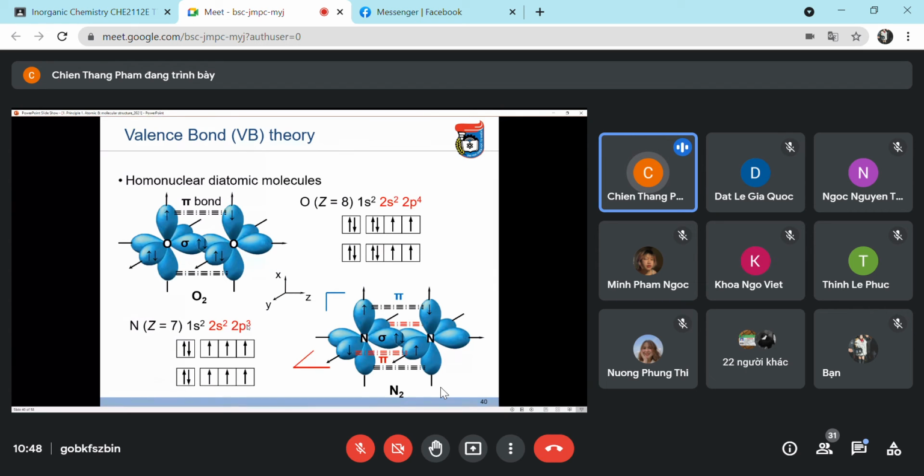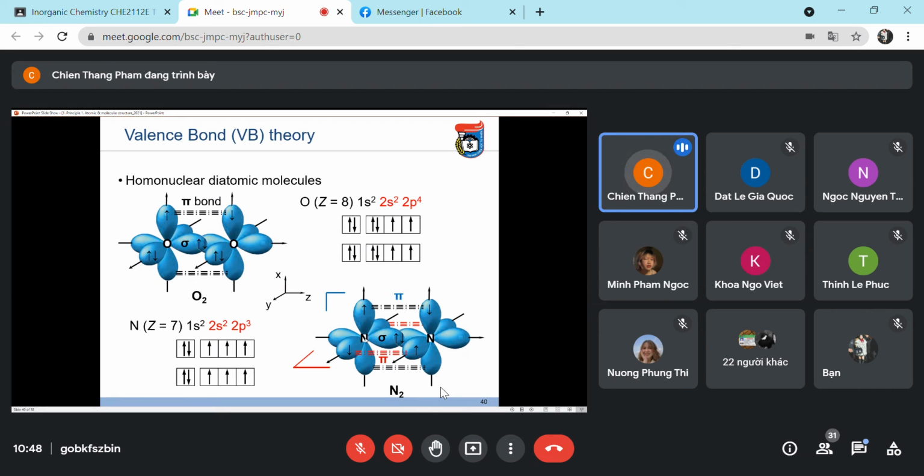And consider another example: nitrogen, with the electronic structure like this. Here with nitrogen, there are three unpaired electrons, each of them located on the p orbitals. So 1, 2, 3. Nitrogen has three p electrons, each with one unpaired electron. Now when you combine two nitrogen atoms together, you can see they couple with each other.